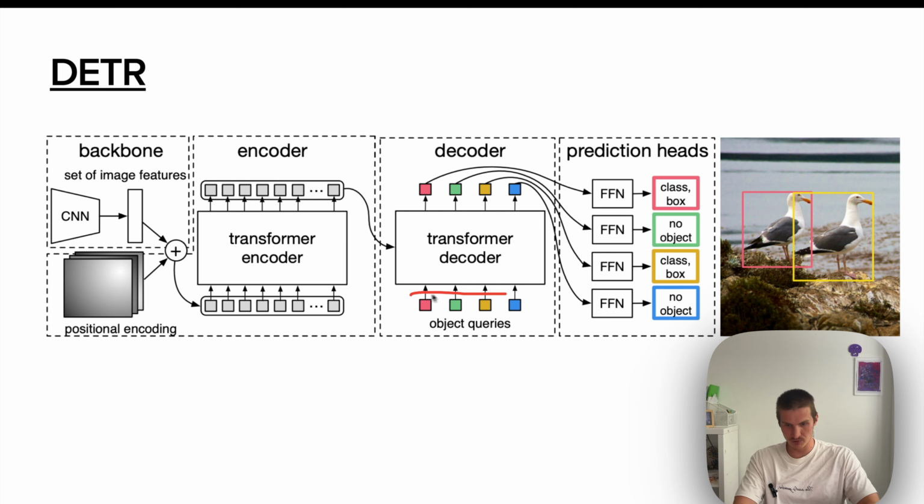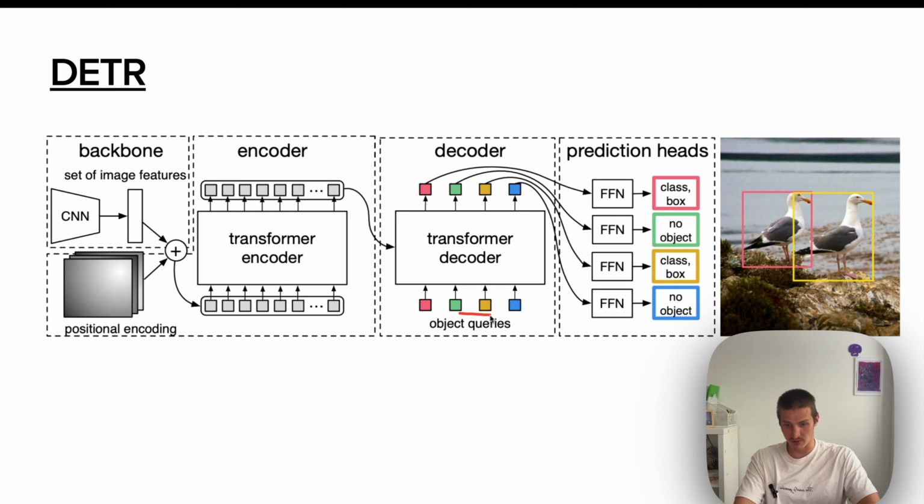So the input to that, which we call object queries, are basically experts that try to query the image for some objects. And the output, which is the same shape, are basically embeddings, which are then projected into the actual class predictions and bounding box predictions. A bounding box is just 4 numbers that allow us to say where the object is.